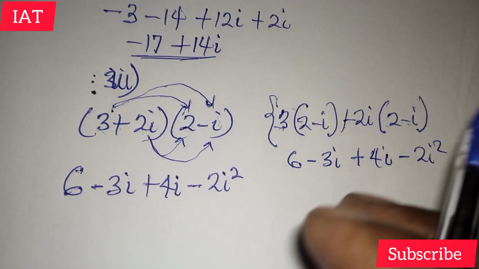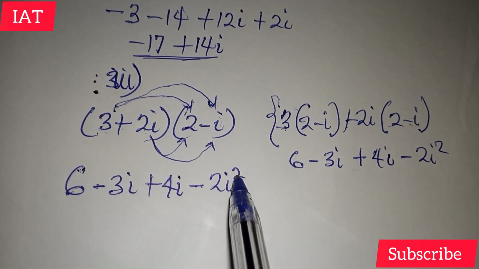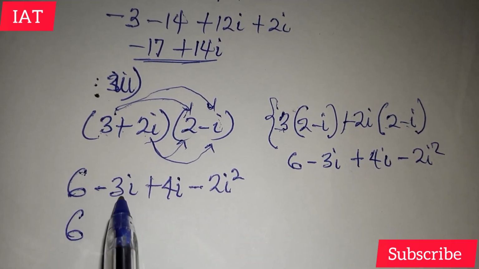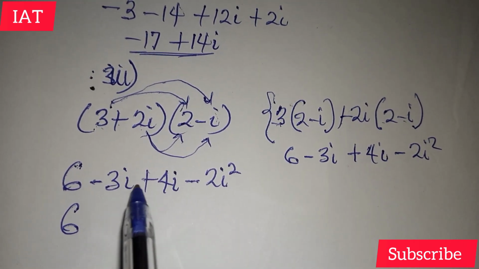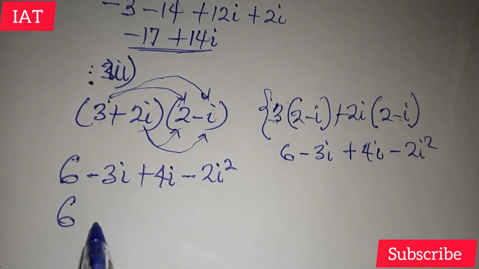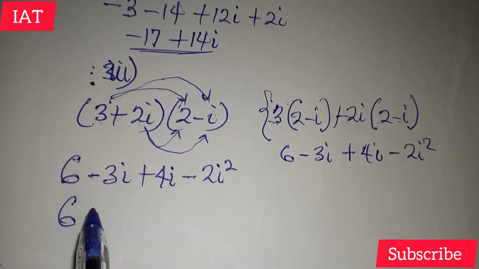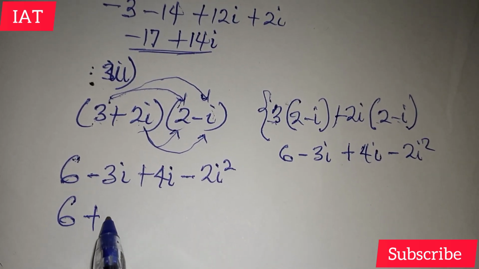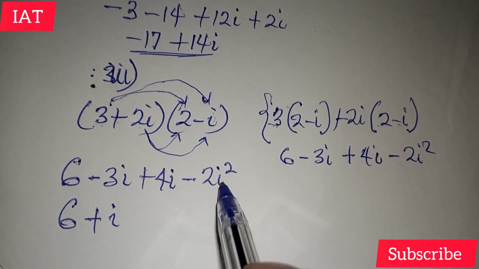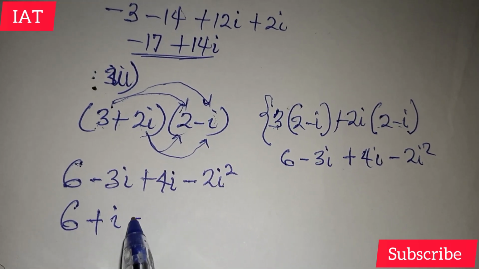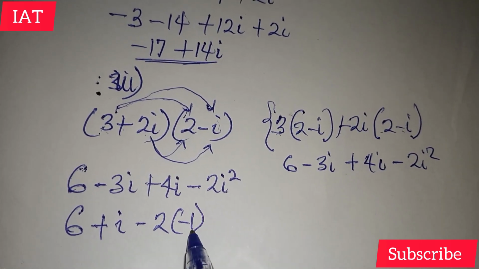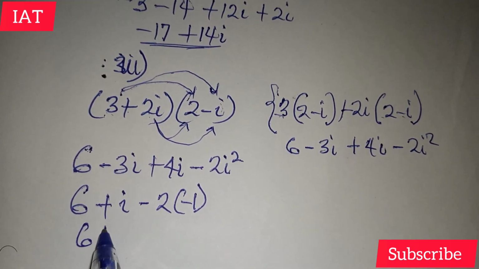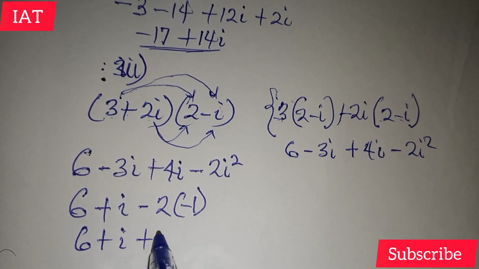So let's keep moving. We know that i squared is minus 1, so this will be 6. If you add up the imaginary terms, minus 3i plus 4i will give us just i, positive i. And then here will be minus 1, so if you put minus 1 here, it means you'll be having 6 plus i plus 2.